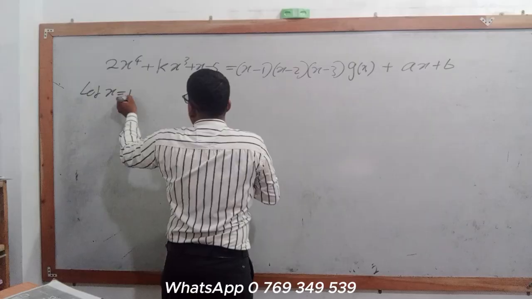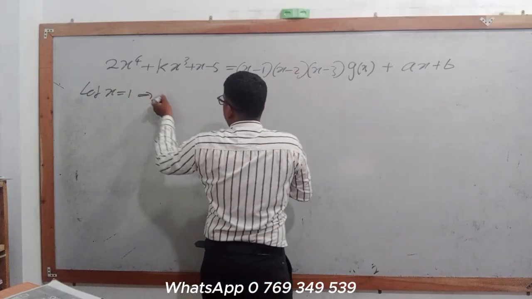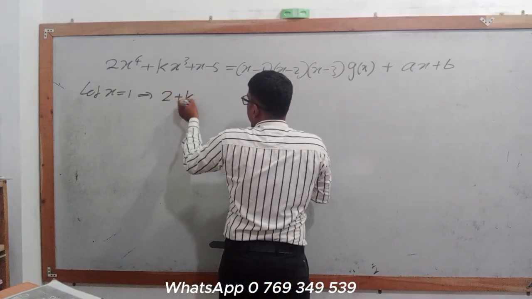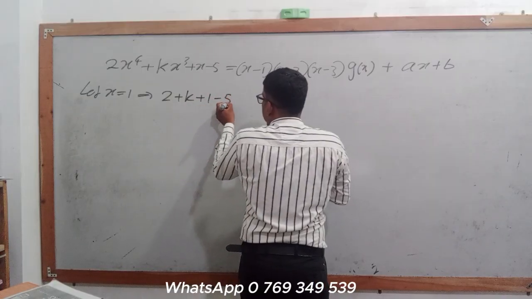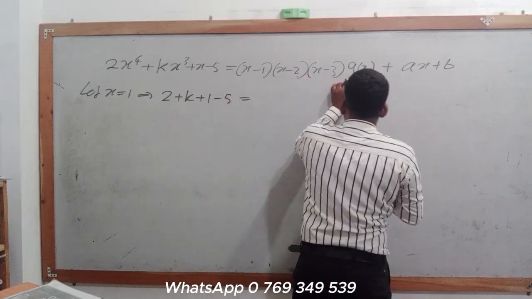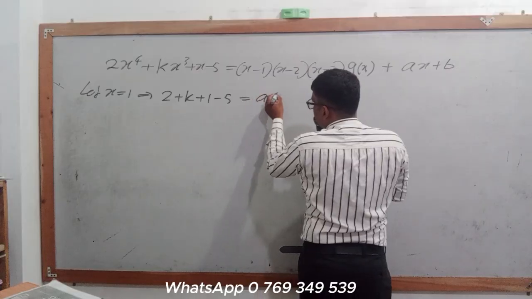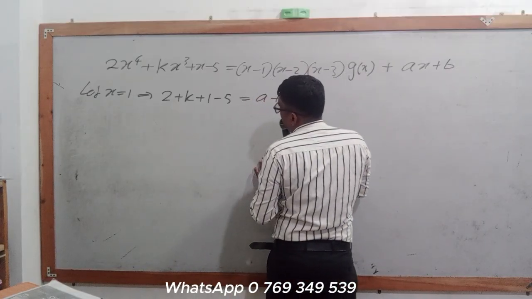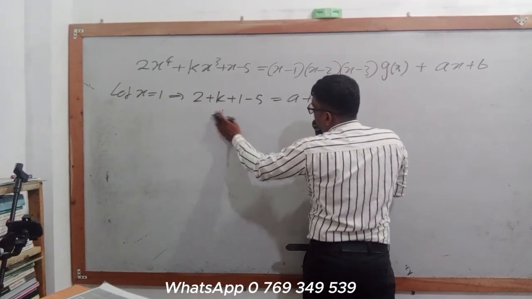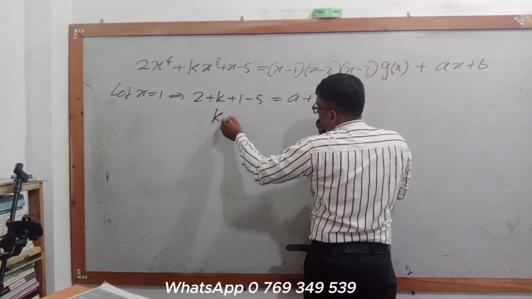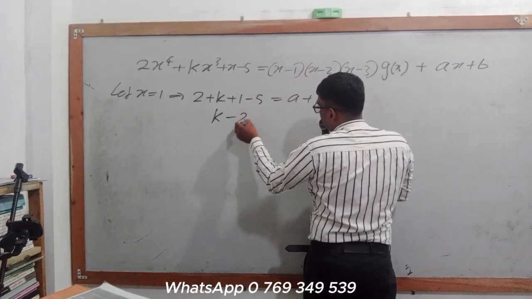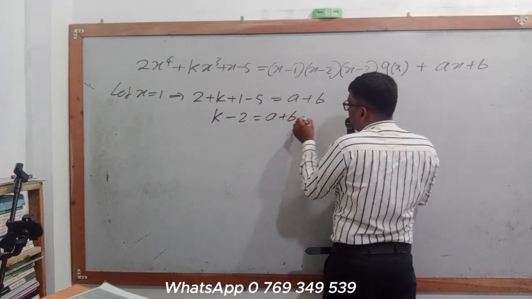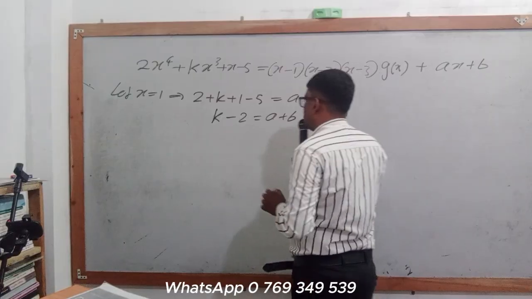Let x equal 1. We can take that 2 plus k plus 1 minus 5. This one is 0 and here a plus b. The equation is k minus 2 equals a plus b, equation 1.